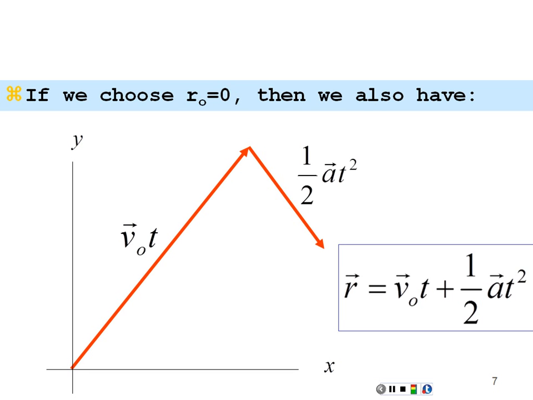Both of these have units of meters and they have definite individual directions. A sum of these two gives me my final position. So my final position is v naught t plus 1/2 at squared, kinematic equation number 4. But we can see that strictly in terms of magnitude and direction, it is the sum of vectors.